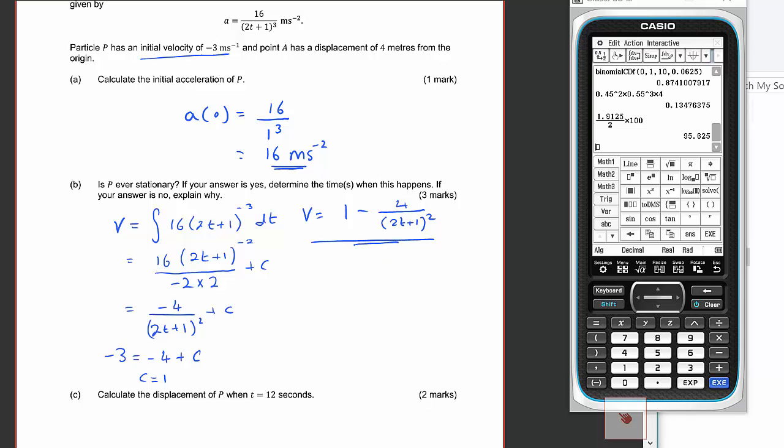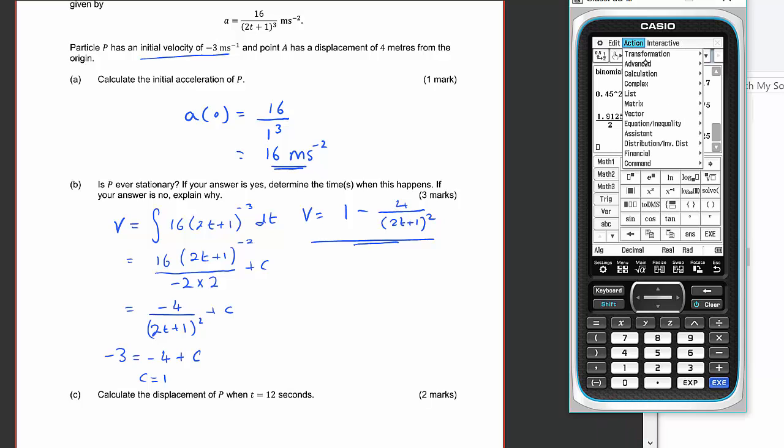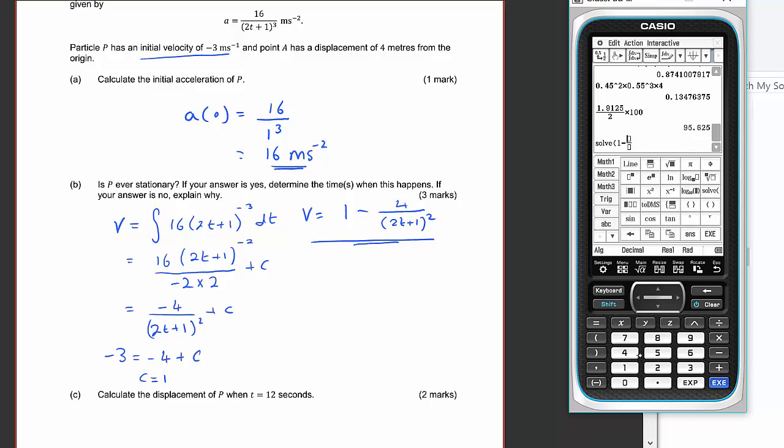So we're interested in if v is equal to 0. So why don't we just solve on the calculator? We're going to solve 1 take away 4 over, I'm just going to use x, (2x plus 1) squared equals 0.